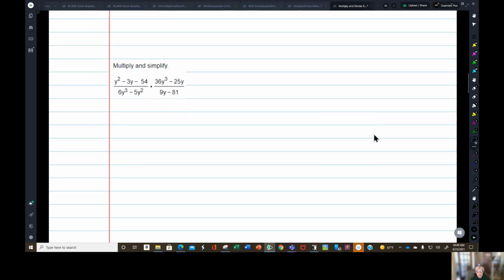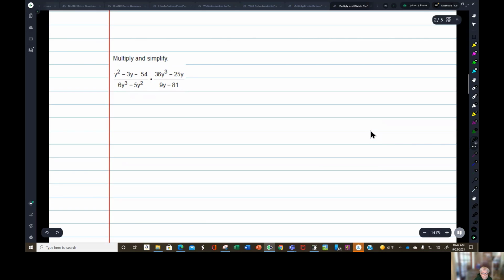Okay, now here's a nasty looking one. Woo. Okay. Let's do these separately. y squared minus 3y minus 54. Okay, negative, well, let's do positive 54 first. I already know what it is. 54 equals 6 times 9.